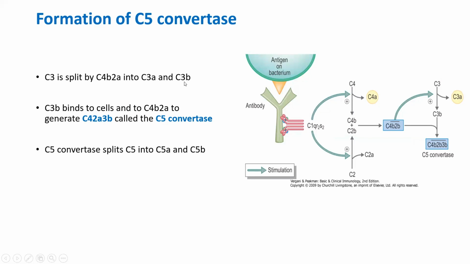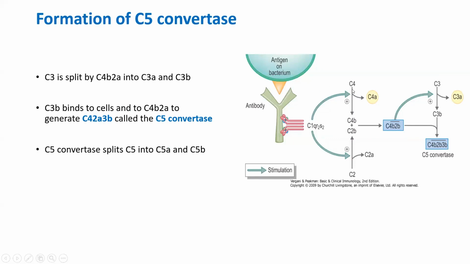Remember again, C3b is the bigger chunk, therefore C3b will drop and go to the cell surface, and then it will merge together with C4b2a to form C4b2a3b. So this complex that we have formed is called a C5 convertase.